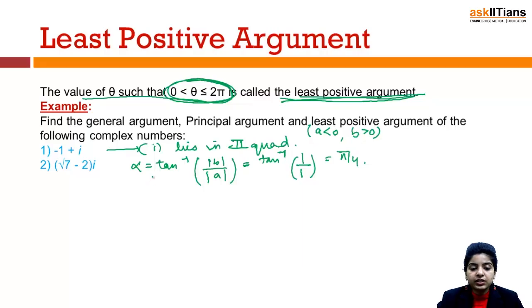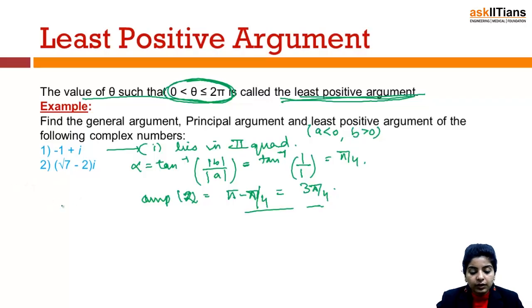Now we have already discussed that this complex number lies in the second quadrant, and therefore the amplitude of z is equal to pi minus pi by 4, which is equal to 3 pi by 4. Right? So my amplitude is 3 pi by 4.